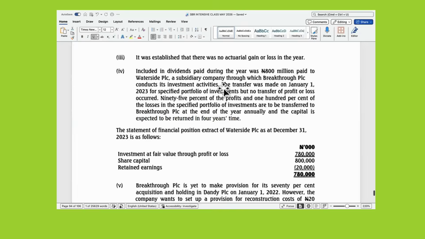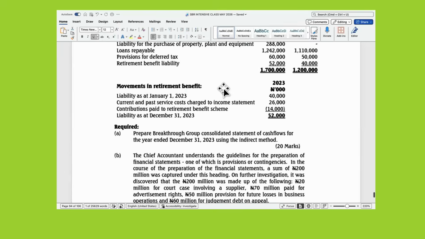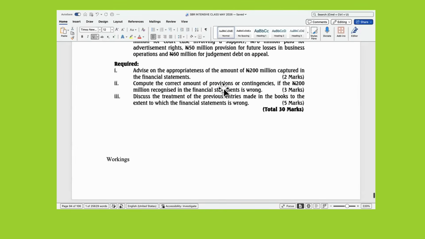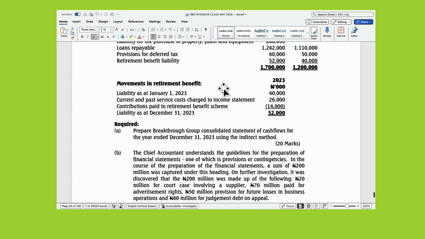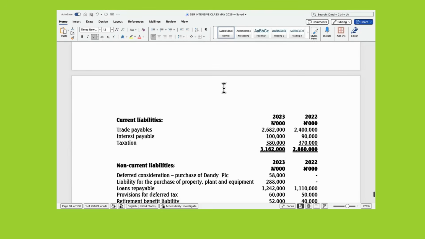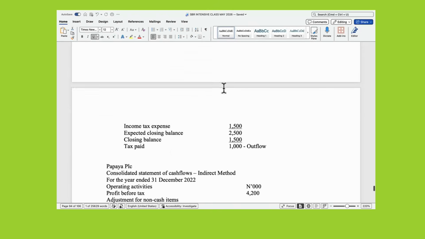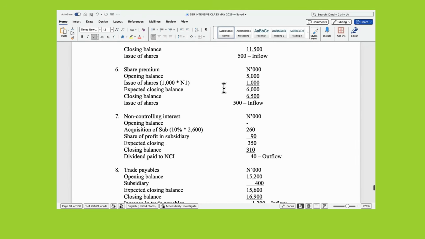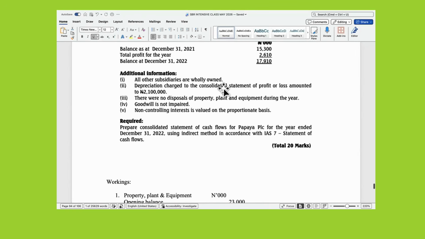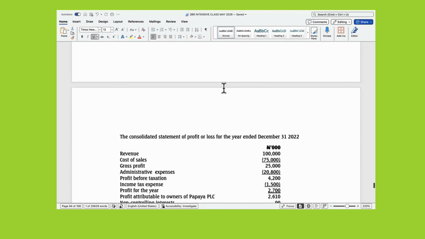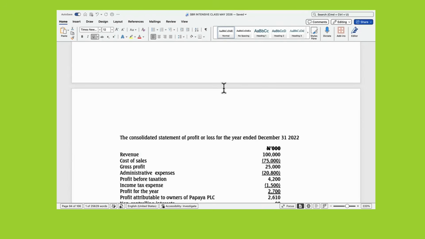Is that direct or indirect? Hello, sir. That's also indirect. No problem. Let's just solve the two statements of cash flows.